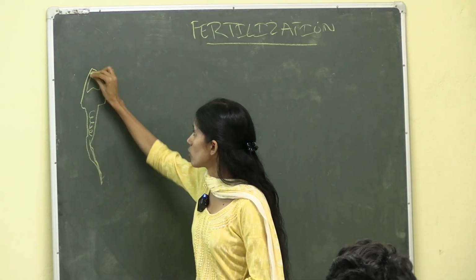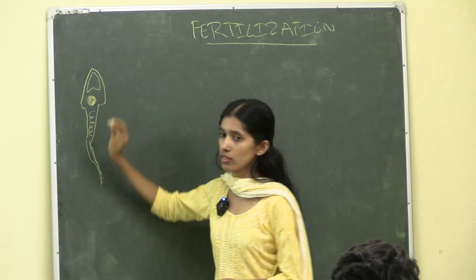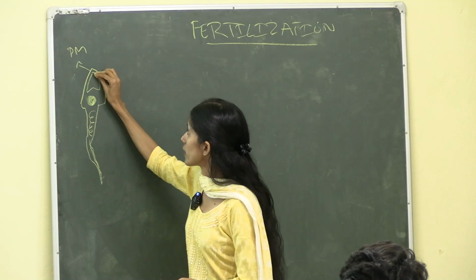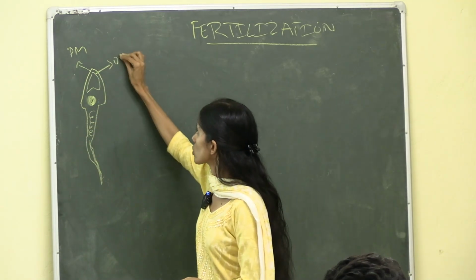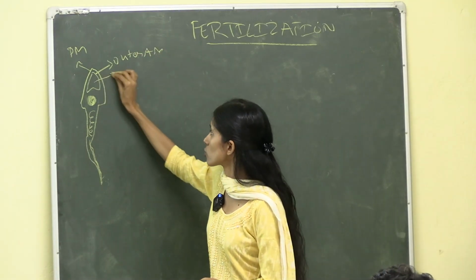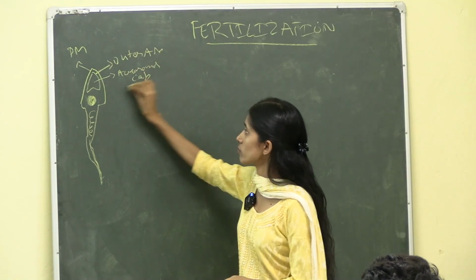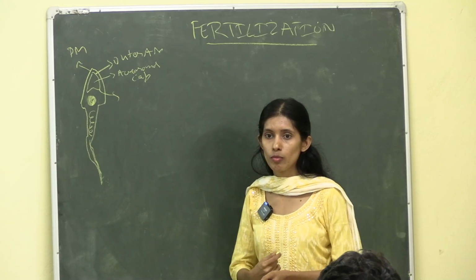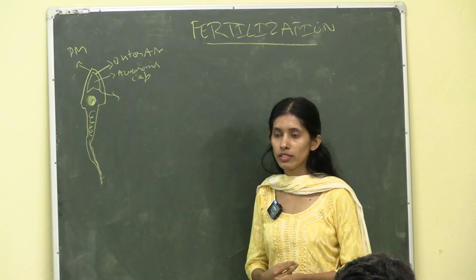What about the head part? We can see the acrosomal cap, and the nucleus. This is the plasma membrane. The part closer to the plasma membrane is called the outer acrosomal membrane, and this is the acrosomal cap, which includes enzymes: hyaluronidase, acrosin plus trypsin.